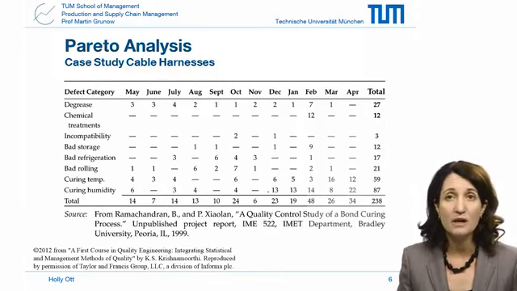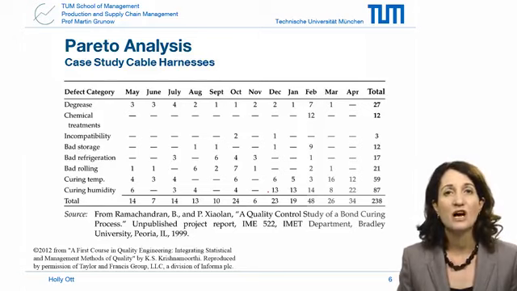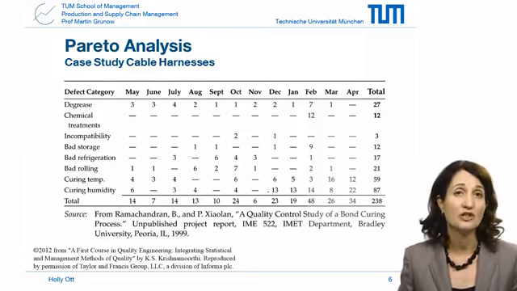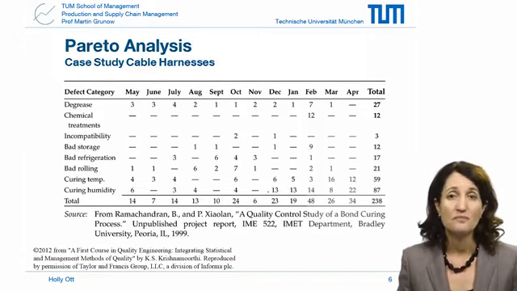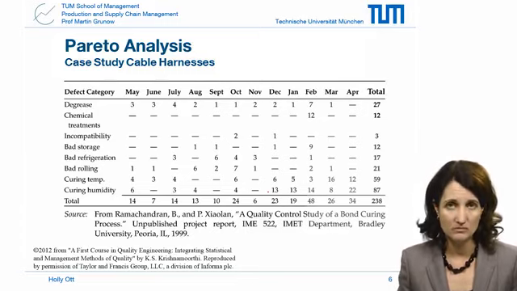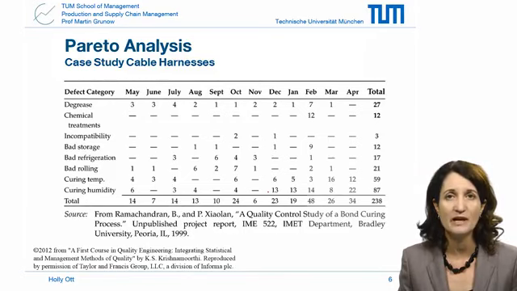And any bond was considered to be a failure, or defective, when it did not meet the strength requirements. So the students decided, after doing their brainstorming and coming up with a fishbone diagram, what would be the most likely causes.